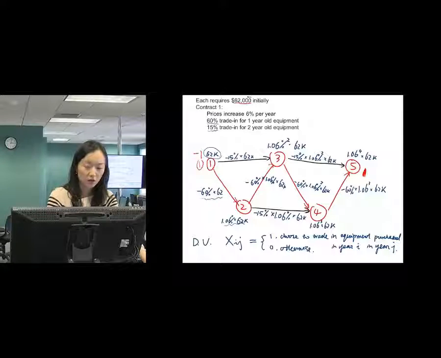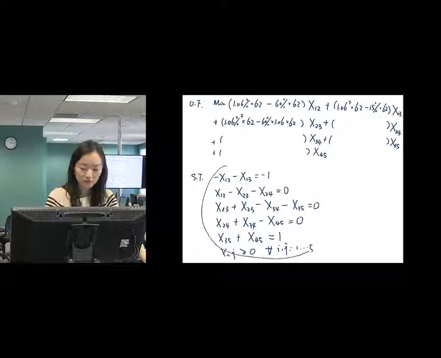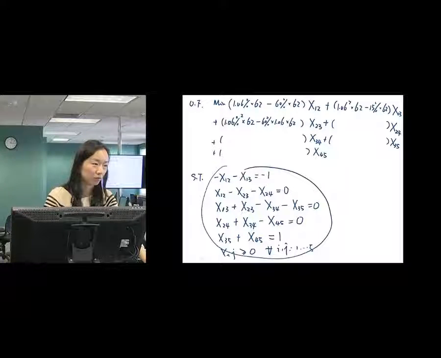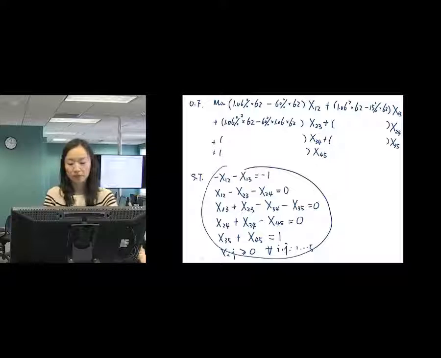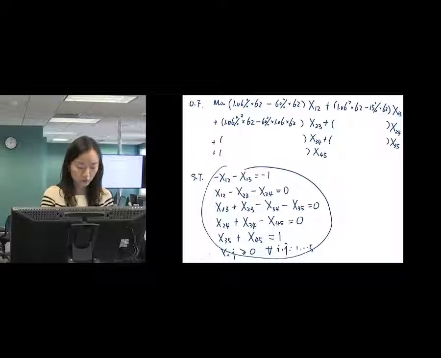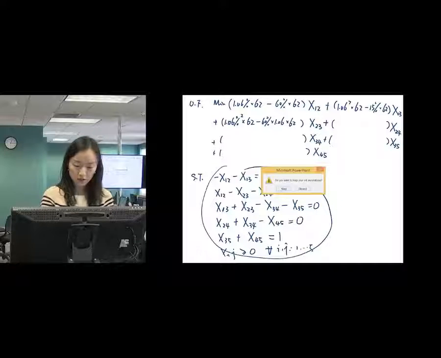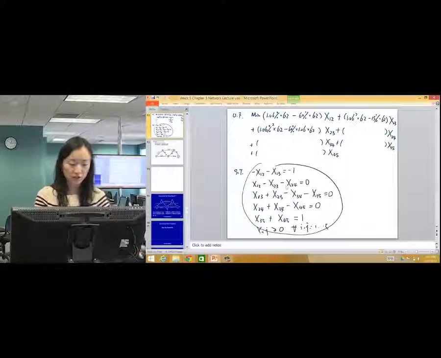We just figure out the associated costs, and then we have the balance of flow rule, the shortest path problem constraints. Then we're done. So this is the formulation of the equipment replacement problem, which is pretty important.